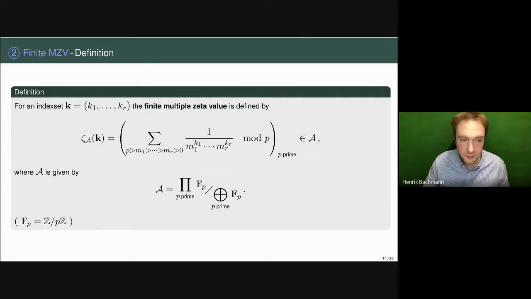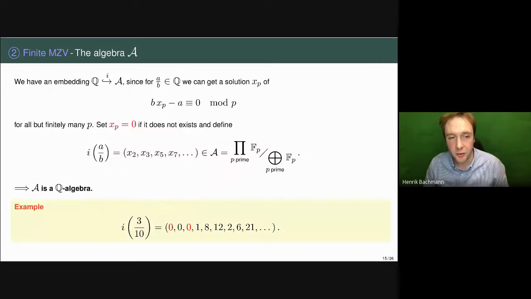On first look, this looks similar to the definition of multiple zeta values, but it now lives on a different planet, so it's not obvious why this should still have a relation to these classical multiple zeta values. But the first observation is that this ring A is actually a Q-algebra. It's easy to see that we can embed Q into A, because we divide out this direct sum.